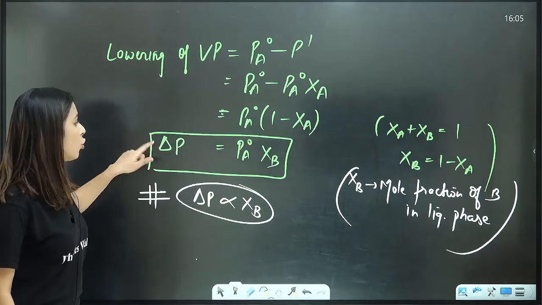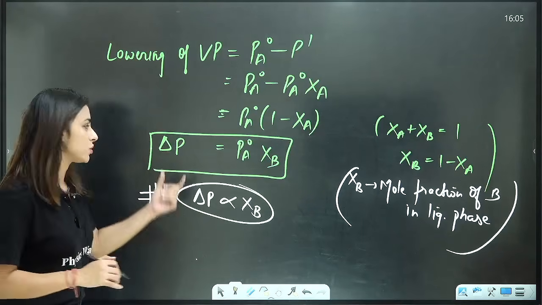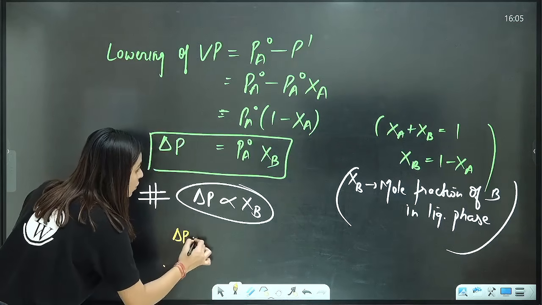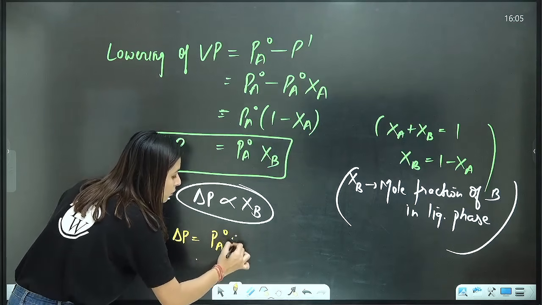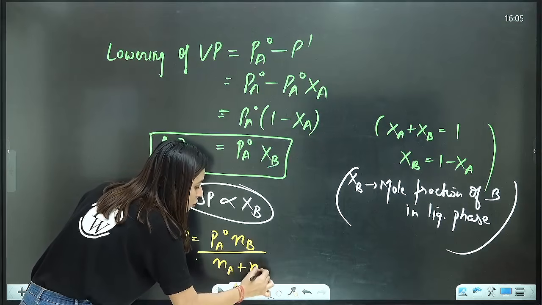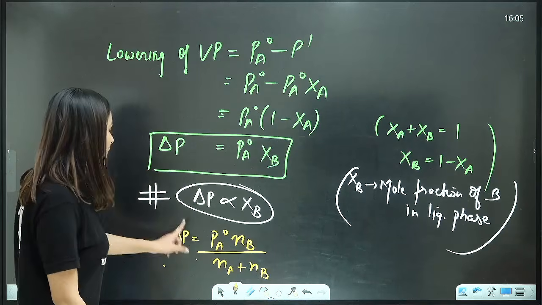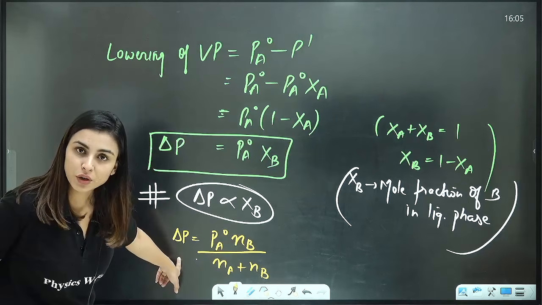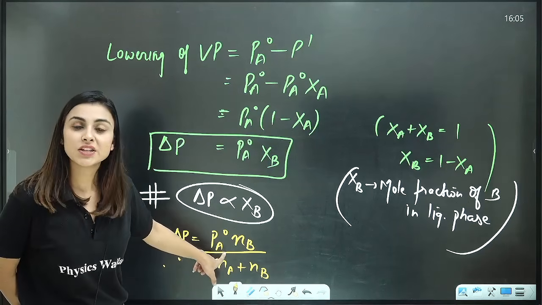Now, if we elaborate this expression, delta P is equal to PA naught times mole fraction of B by mole fraction of A plus mole fraction of B. Delta P, that is the lowering of vapor pressure, depends on the nature of solvent.